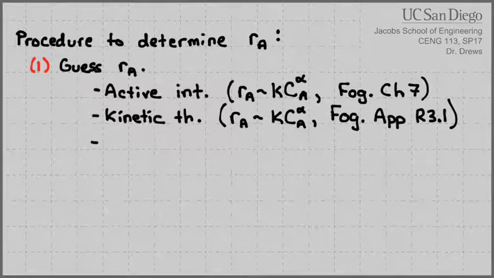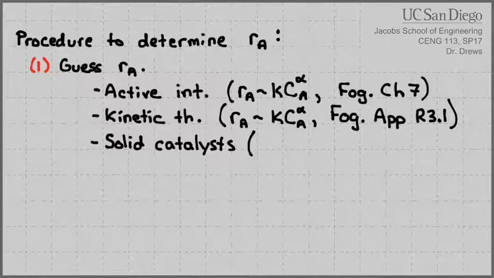Then one where if you go to your grad class, you'll learn a lot about solid catalysis, catalysts, or catalysis. These are rate laws that look like the ones that you see on the project. So where there are multiple and different types of equilibrium coefficients, those usually come from catalysts because you're talking about multiple processes.